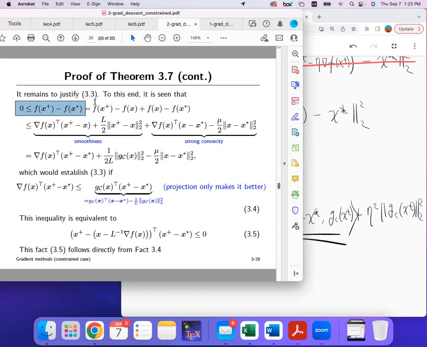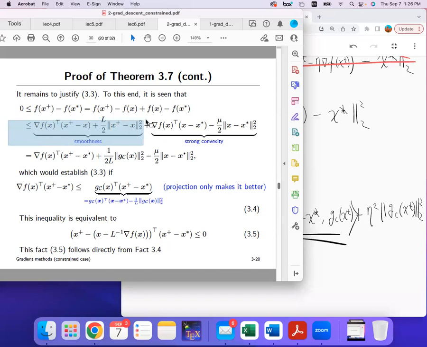So this is a trivial inequality. And then I can introduce a trivial term: I subtract f(x plus) and add f(x plus). That doesn't really change anything. But by introducing this term, I have two different terms, and I can bound them separately. For the first difference term, f(x plus) minus f(x), I use the smoothness condition, because f is smooth.